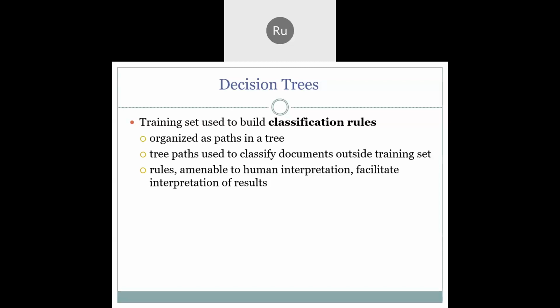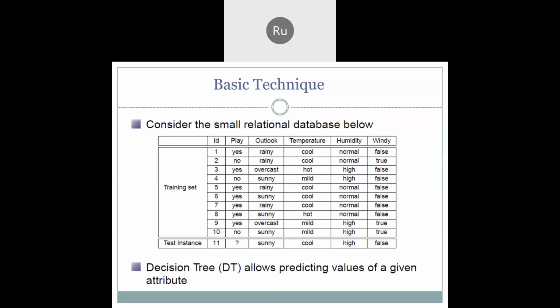Okay, so let's take a look at how the tree structure is established. For example, this is an example of a relational database in which we are looking at the class label here, which is play. So what we want to do is predict for the new data whether we should play or not play.